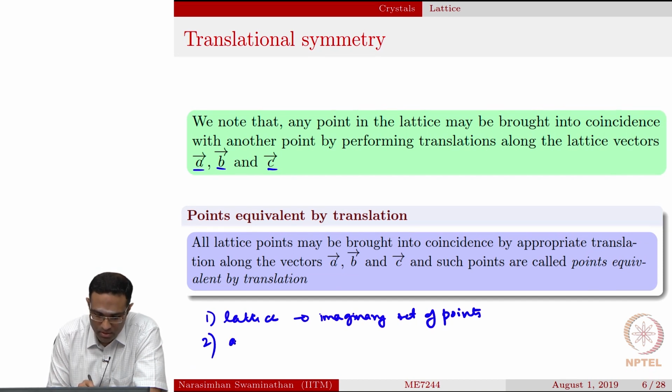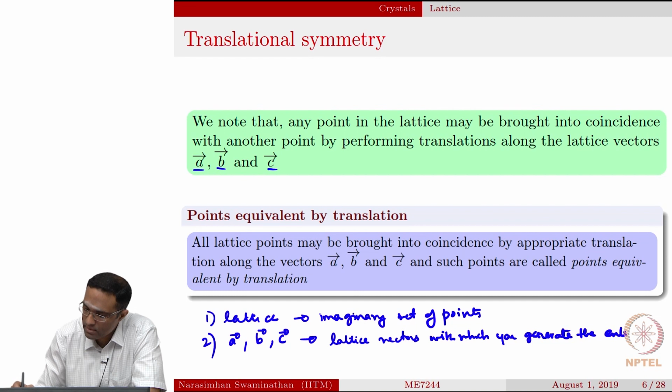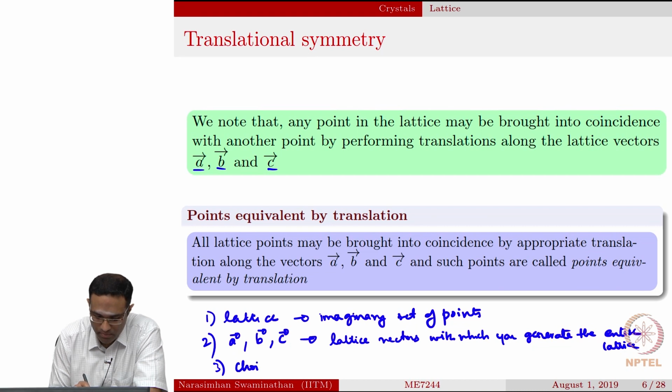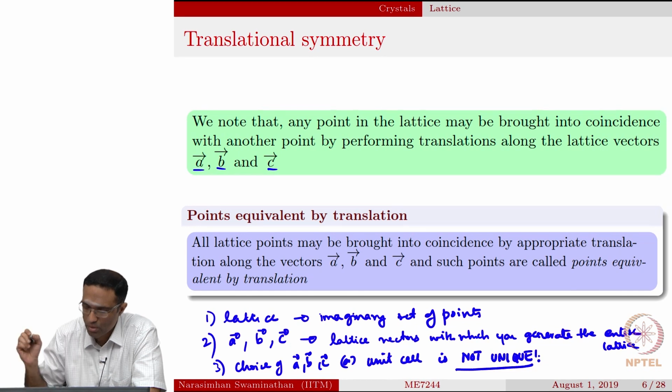The second point is that the A vector, B vector, C vector are lattice vectors with which you generate the entire lattice, and the choice of A vector, B vector, C vector or the unit cell is not unique. Okay.